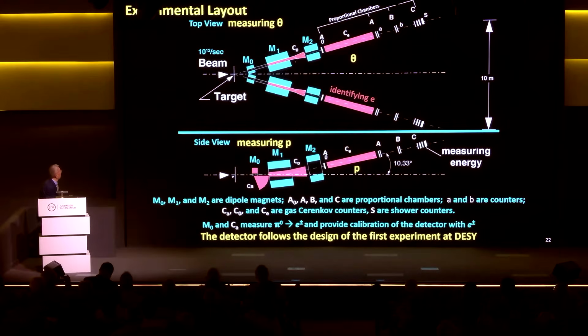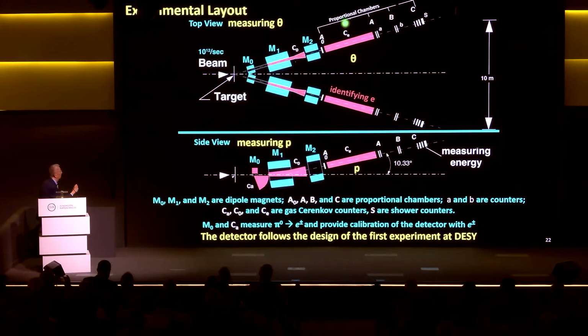So this is the experimental layout, looking from the top and from the side. There's a target, 10 to the 12 particles, and a spectrometer. M0, M1, M2 are magnets. C0, CE are Cherenkov counters.